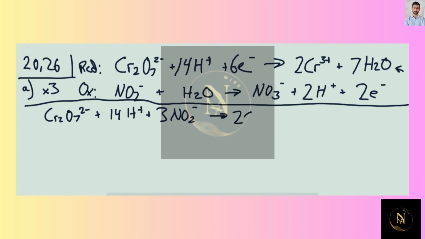Then we get 2 chromium 3+ plus 4 waters, 3 NO3-, and so we actually have less than 14 protons because we have 6 protons coming from this reaction, and now we'll subtract from the 14 to give 8 protons here.